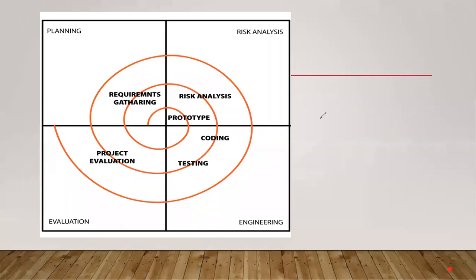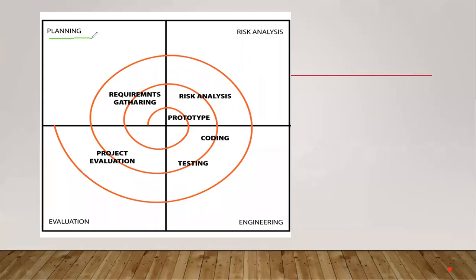Okay. Let's see the diagram of a spiral model. So how many phases do we have in this spiral model? Four phases. First one is the planning phase. So look, this total is a planning phase.